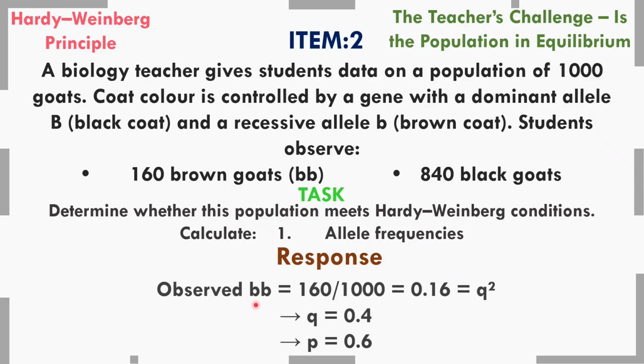Observed, small b, 160 divided by 1,000. This gives us 0.16. This represents q squared, the recessive condition. Therefore, q will be 0.4 and p will be 0.6.